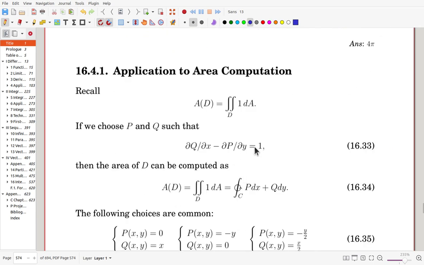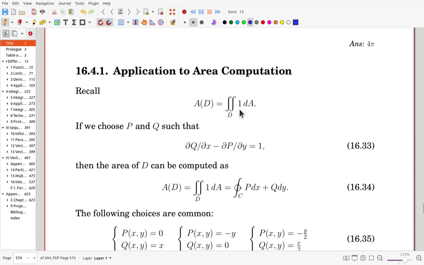Now, this Green's theorem can be applied for the computation of area. We recall the area of a region is the integral over D with integrand 1.